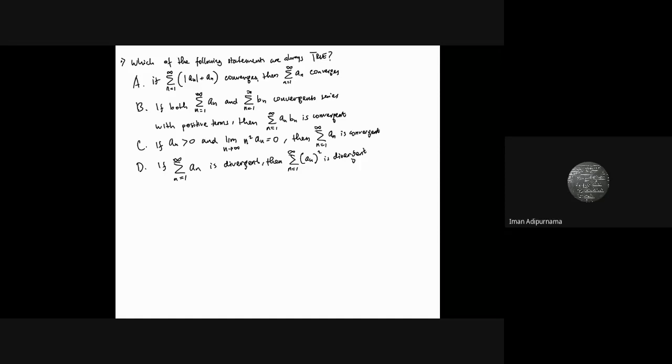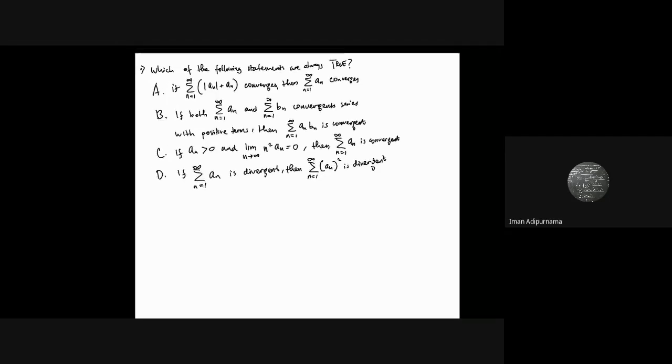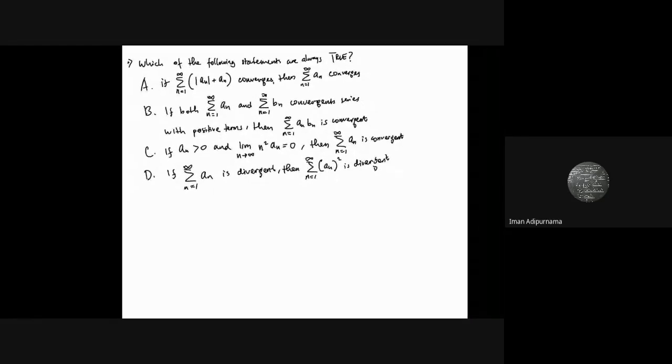Okay, the question: which of the following statements are always true? A, if the series of absolute value of an plus an converges, then the series an will be convergent.